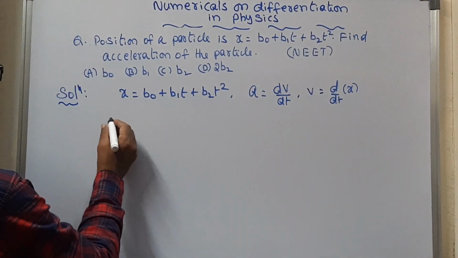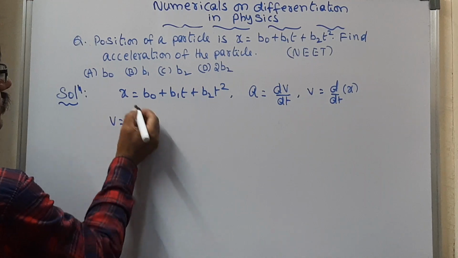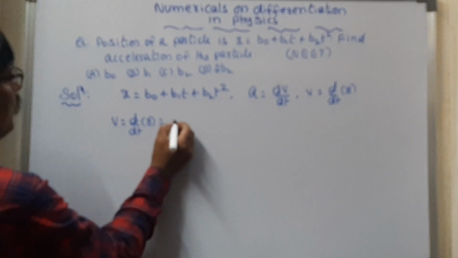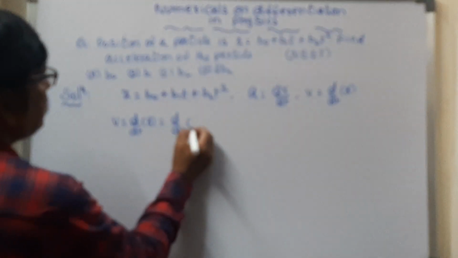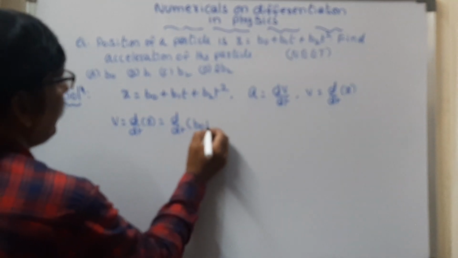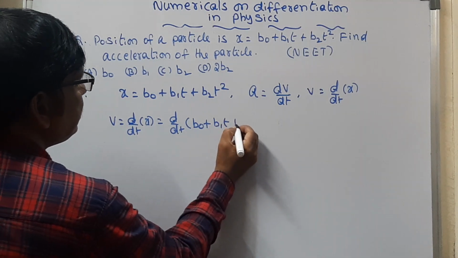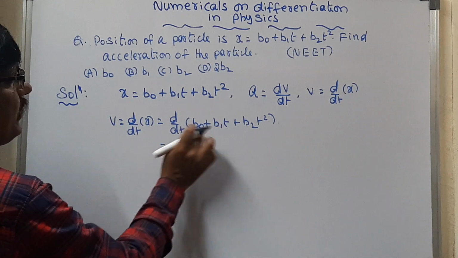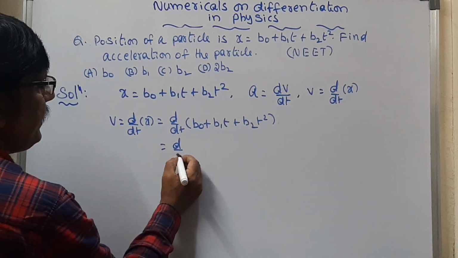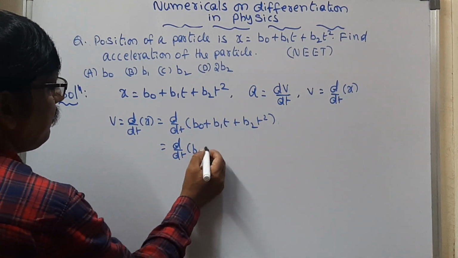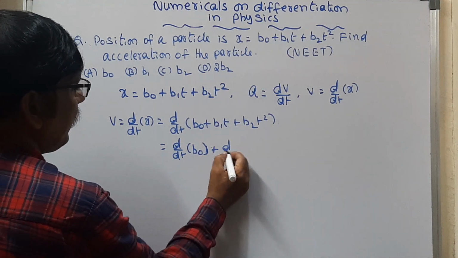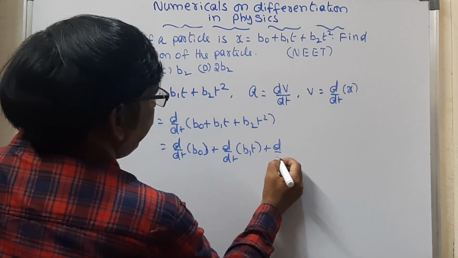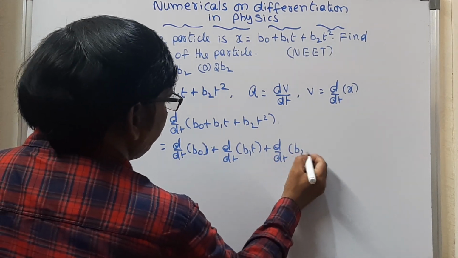Now here see, v is equal to d by dt of x, that is d by dt of the x value, how much is given? b0 plus b1t plus b2t square. Now let us distribute it inside. So d by dt of b0 plus d by dt of b1t plus d by dt of b2t square.